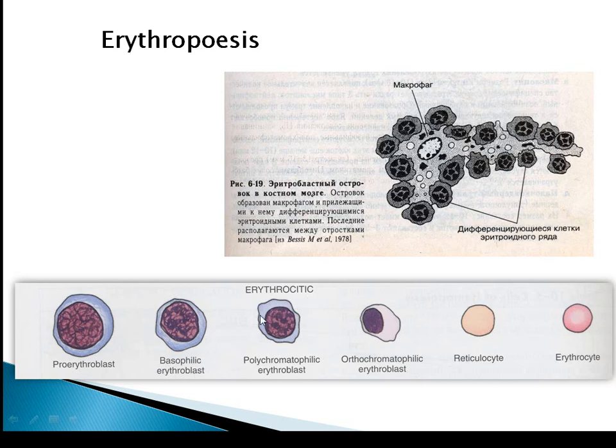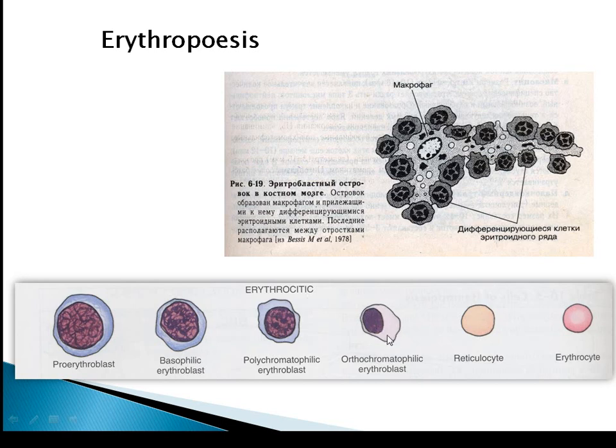Then we will see polychromatophilic erythroblasts, then they will be converted into orthochromatophilic because the amount of hemoglobin increases in the cytoplasm. Then it leads to oxyphilic staining features of the cytoplasm that were before stained basophilically.